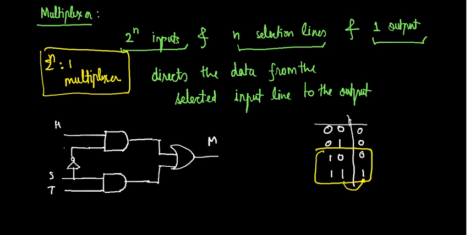You got the idea, right? You just need to select a line, isn't it? Select the input line based on what combination you choose for the selection lines, S0, S1, and so on. Draw a circuit for a 4:1 multiplexer.